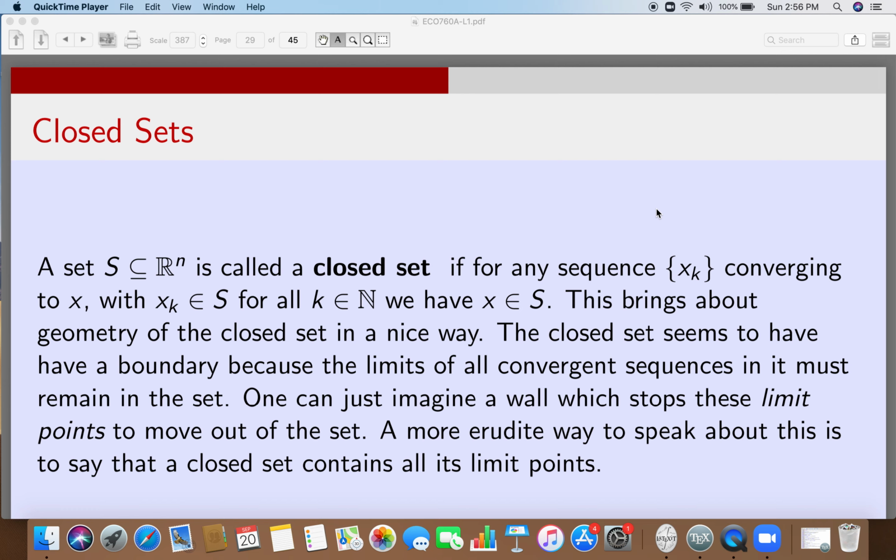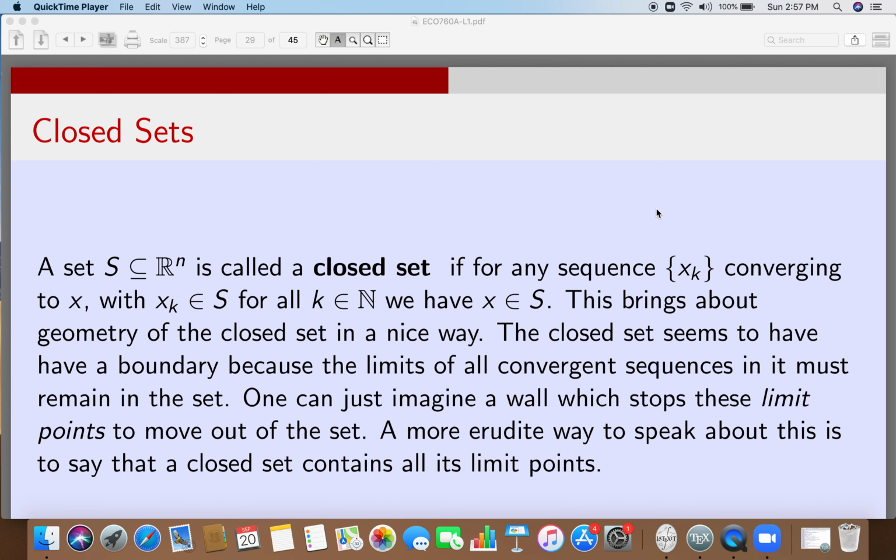For example, let me consider the set, the open interval (0, 1), and I consider a sequence: 1/2, 1/3, 1/4, 1/5, 1/6 and so on.